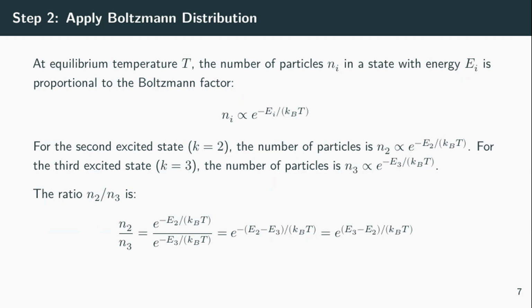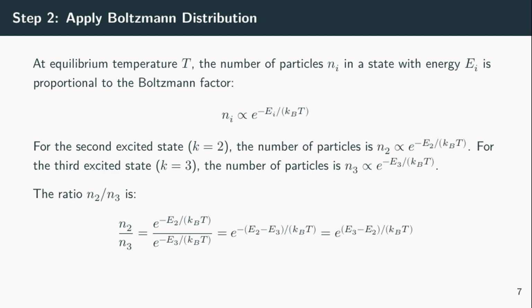Now we move to step 2, applying the Boltzmann distribution. When a system is in thermal equilibrium at temperature T, the number of particles, Ni, in a state with energy Ei is proportional to the Boltzmann factor, which is e to the power of minus Ei divided by kBT. For the second excited state, which is k equals 2 and has energy E2, the number of particles, N2, is proportional to e to the power of minus E2 divided by kBT.